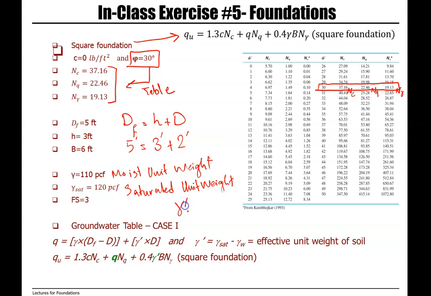So effective unit weight is saturated minus gamma W. And when we have groundwater table above the bottom of footing, instead of using gamma DF, we need to use gamma times H plus gamma prime times D.